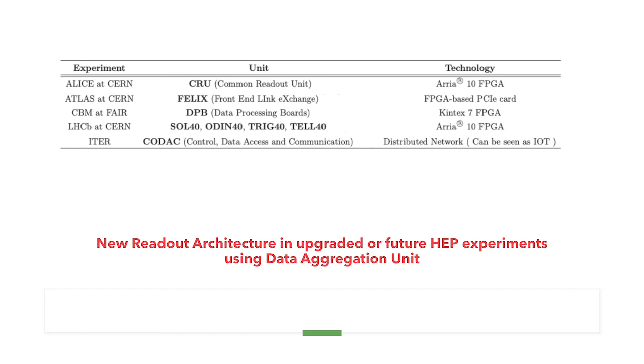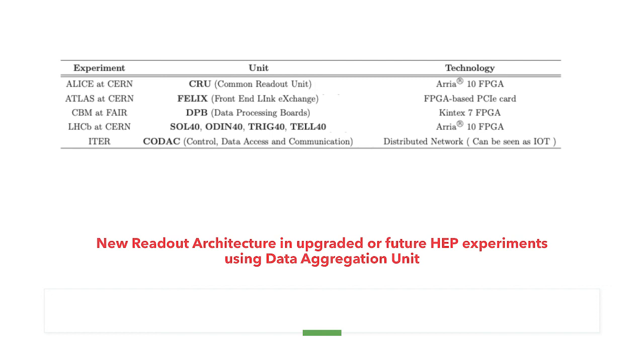At LHCb, another detector at CERN like ALICE, it's SOL40, ODIN40, TFC40, TELL40. These all refer to the same data aggregation unit, dedicated to different functionalities, and it uses the same Arria 10 architecture, actually the same hardware. Just the names are different because of the functionalities.